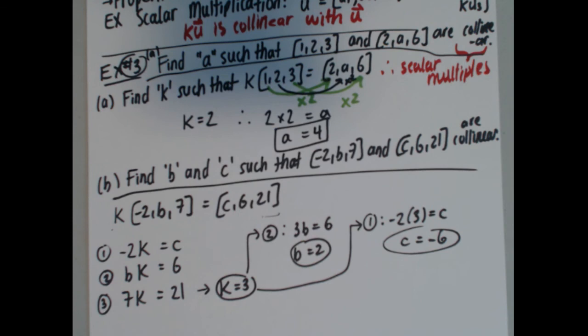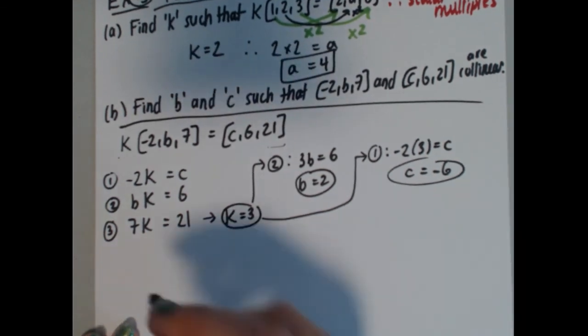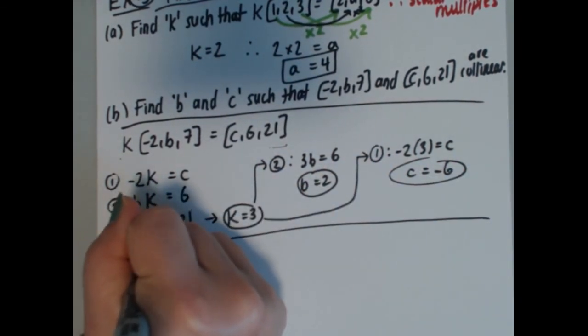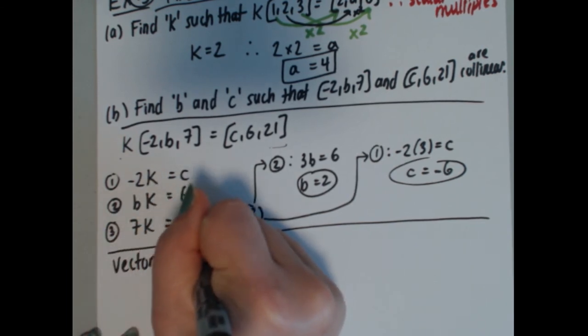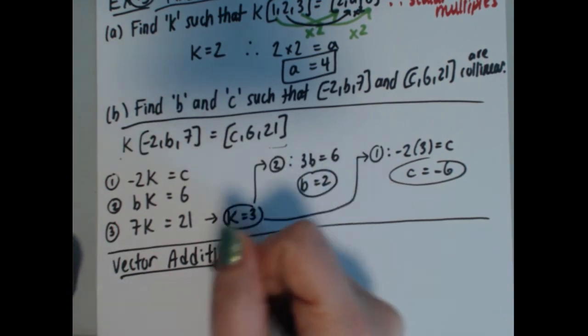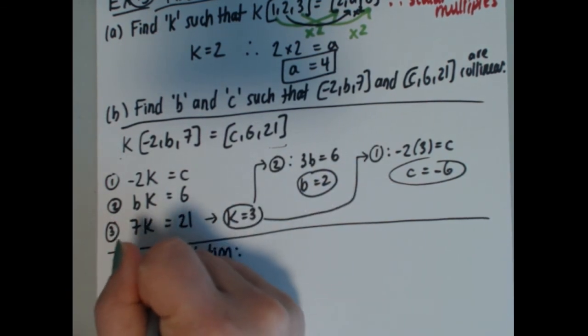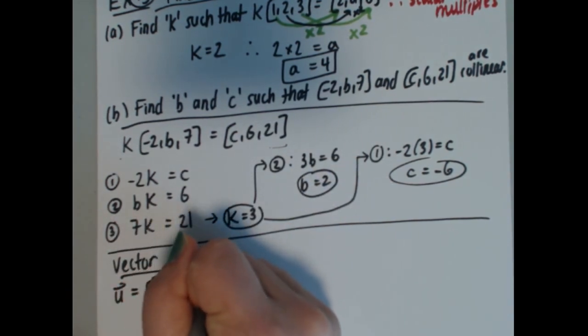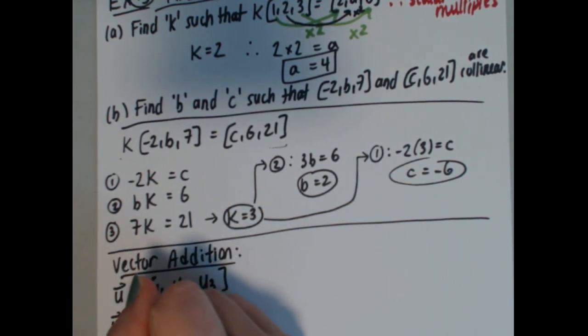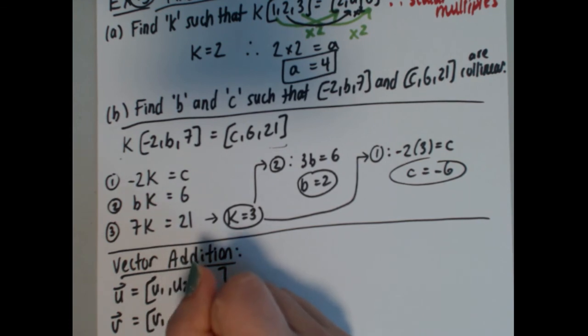Okay. So far we've seen that scalar multiplication is the same in R2 and R3. So moving on. The next thing that's also the same is vector addition. Let's say I have 2 vectors, u, which is u1, u2, u3, and vector v, which is v1, v2, v3.